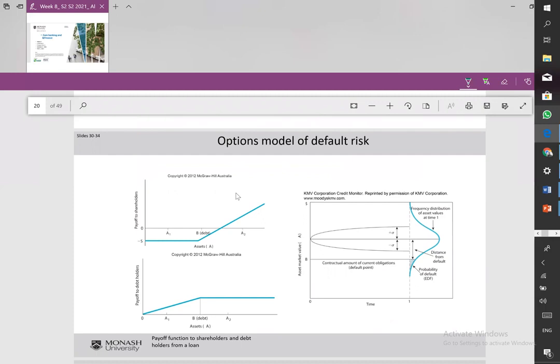Now, the issue is here. If a firm takes a loan, and this loan is guaranteed by its assets, the agreement is that if the loan defaults, the bank can take whatever is left of the equity. Therefore, we call it an option, because there is an exercising here.